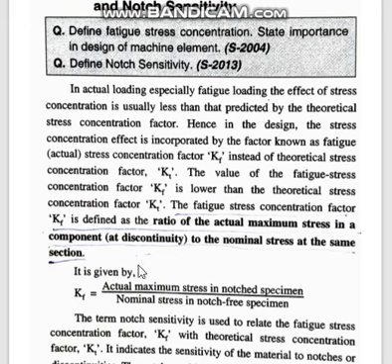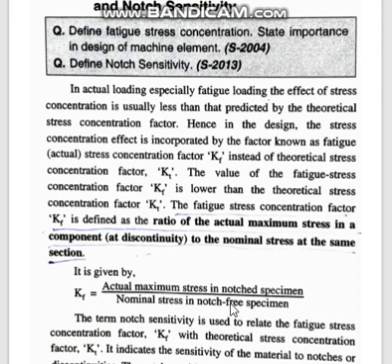In the previous formula, it was simply the maximum stress. Here it is the actual maximum stress in the notched specimen divided by the nominal stress in the notch-free specimen. Notch-free specimen means away from the notch; it is as good as the same.